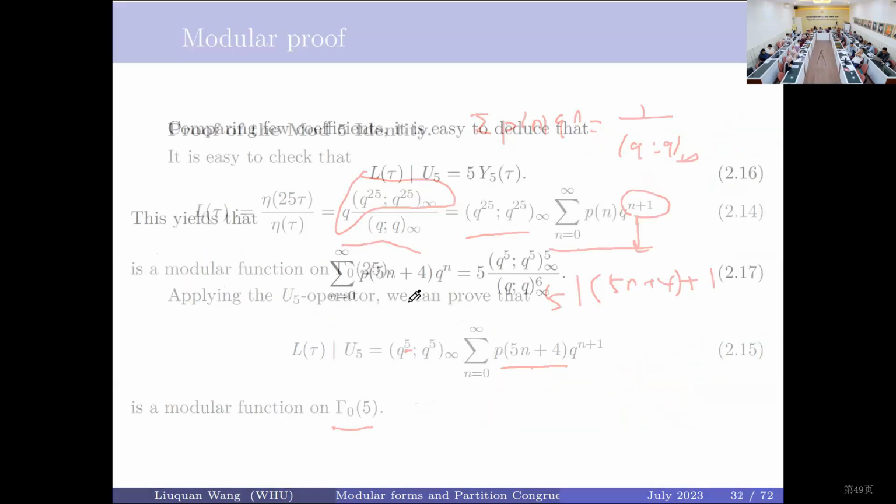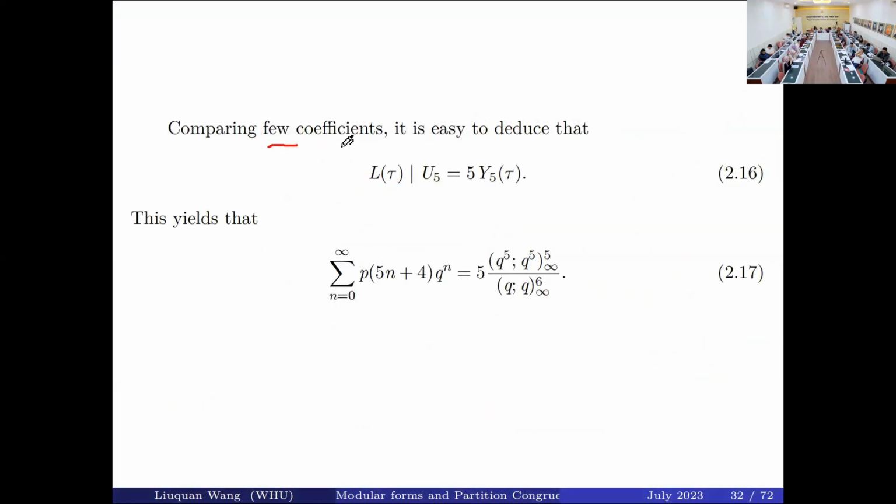So by comparing just very few coefficients, it is easy to deduce that L tau acting with U5 just equals 5 times Y5. So the rational function is simply a linear polynomial. And this then tells that the generating function for P(5m+4) equals this infinite product. So this is our very quick proof for the modular 5 identity.